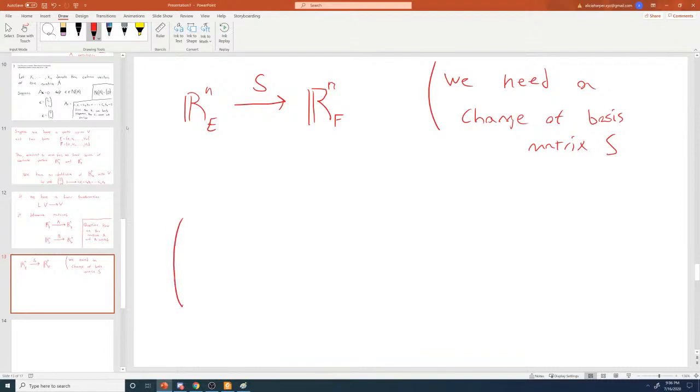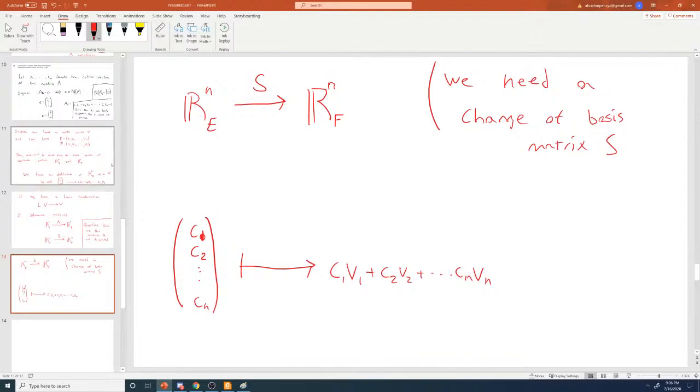So suppose I have a column vector here, c1, c2, through cn. This is associated with something in my vector space, namely c1 v1 plus c2 v2 plus and so on, plus cn vn.